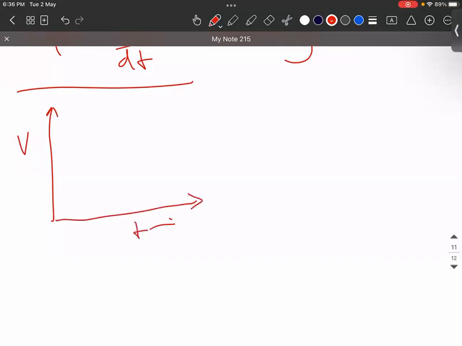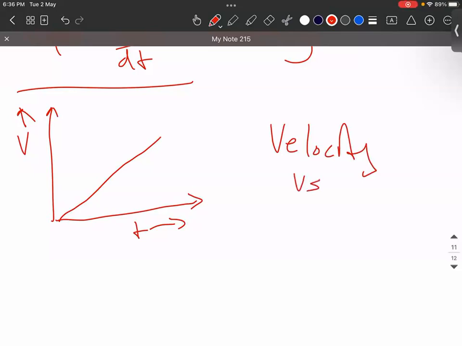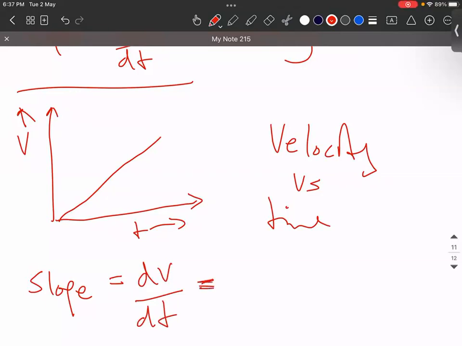Along my x-axis I'm going to have time. You can note these things down, okay? And something random. So now what is my graph? Velocity versus time. So what is going to be my slope here? What is the change in velocity per unit time? Acceleration.